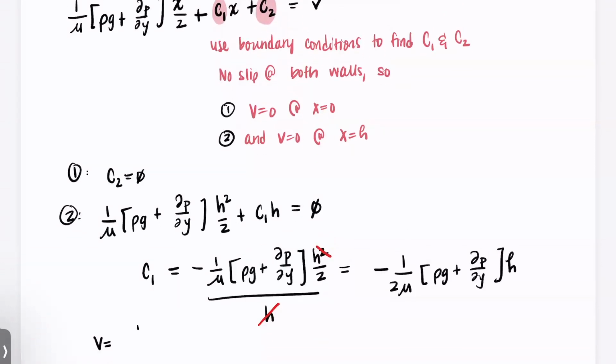Okay, so this means that I have 1 over 2 mu, quantity rho g plus partial p partial y, times x squared minus hx.